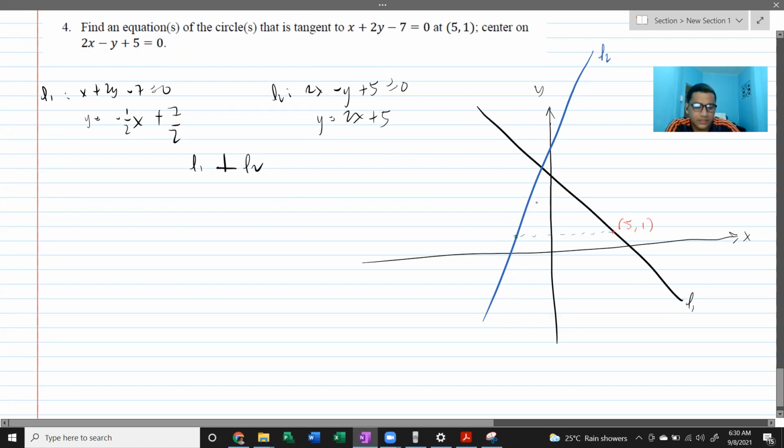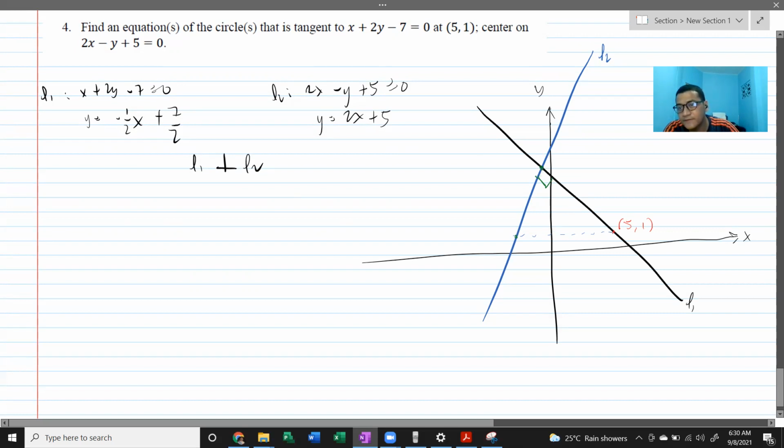But remember that our two lines are already perpendicular. So the case where the radius and the tangent line are perpendicular will be satisfied if and only if the center of the circle is located here.